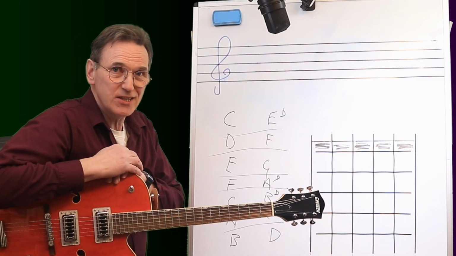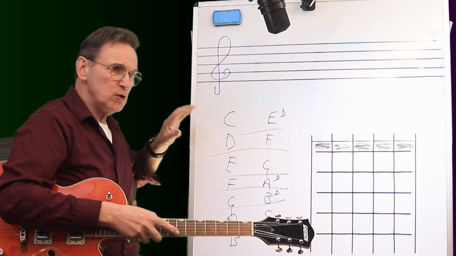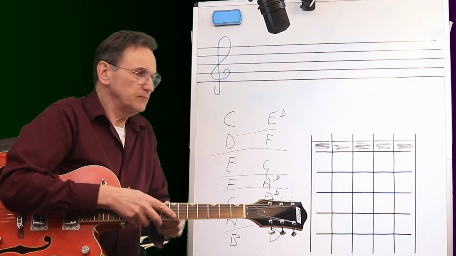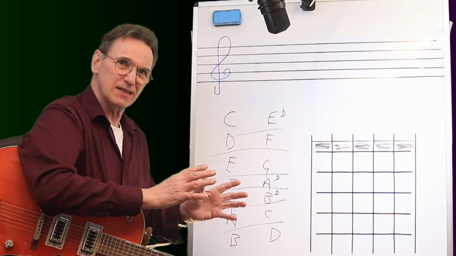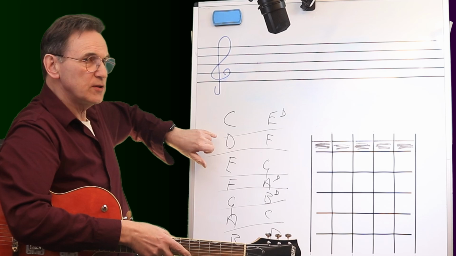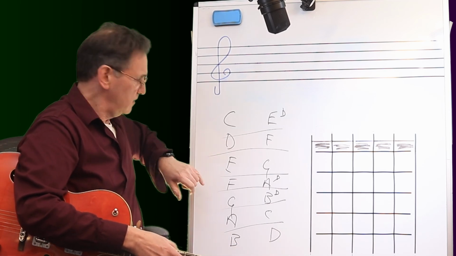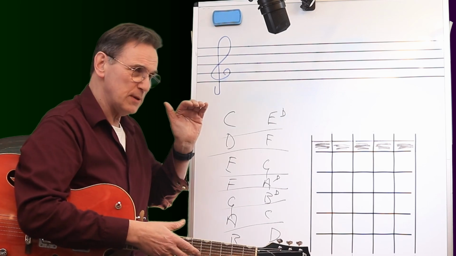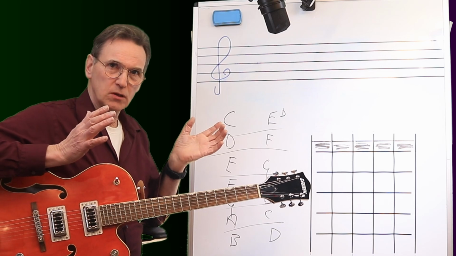The other advantage is that there's a system called the Nashville chord system, and basically that is you giving each one of these chords a number, right? So this would be number 1, 2, 3, 4, 5, 6, 7. You're naming the chords based on the scale degree. So how does that work on guitar then?